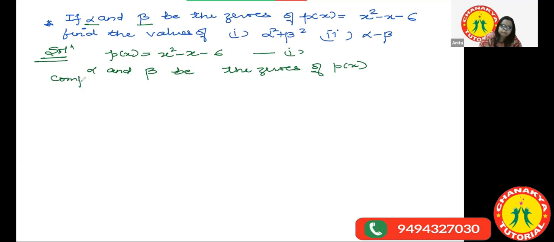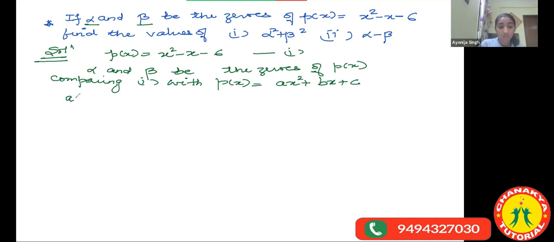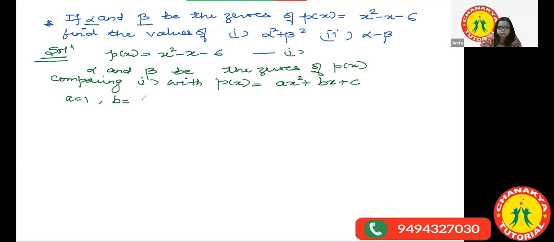So comparing it with polynomial ax square plus bx plus c, who will tell? Yes, Anita, tell me on comparing. Ma'am, the value of a is 1. Then value of b is? Minus 1. And value of c is? Minus 6. Yes, good. Correct.